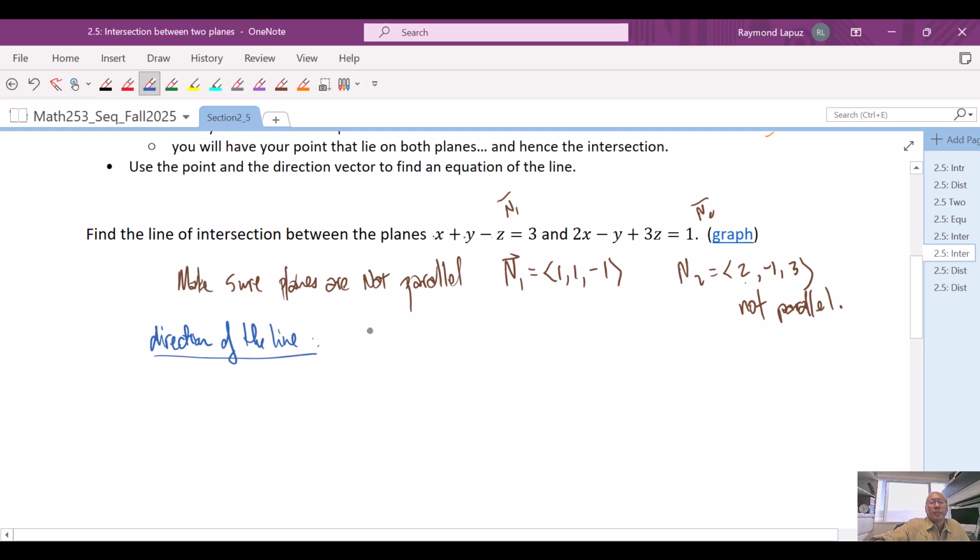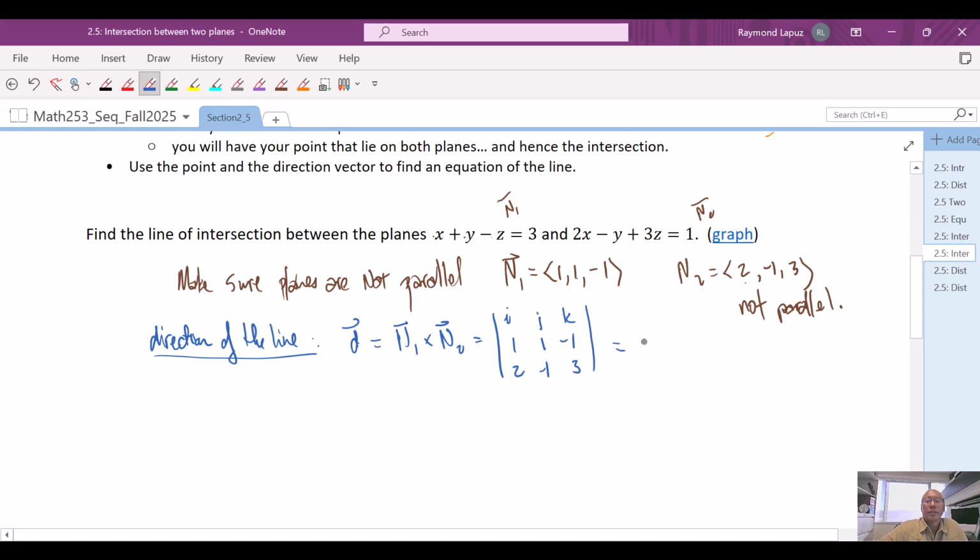The direction of the line, we'll call that D. Remember, it was equal to N1 cross N2. So this is a cross product, i, j, k. N1 is 1, 1, negative 1. N2 is 2, negative 1, positive 3.